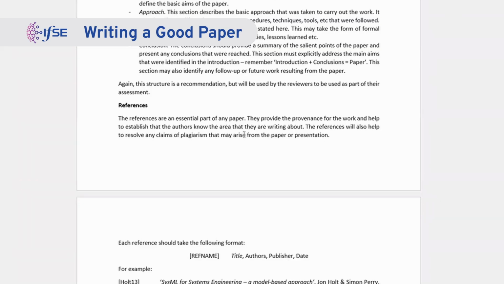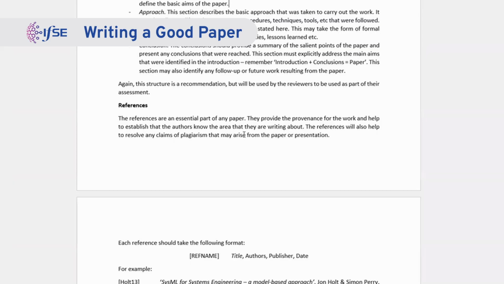This establishes you, the author, as having a certain level of expertise in the field, but it also helps us avoid things like plagiarism. Over the last few years, we've had a couple of times when people have written papers with the best will in the world, but it's actually been something that's been published before, whether people have realized it or not. So it's important that we do have references in there so that we can check the provenance of the paper.